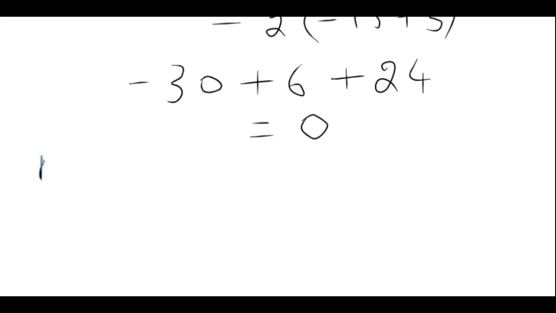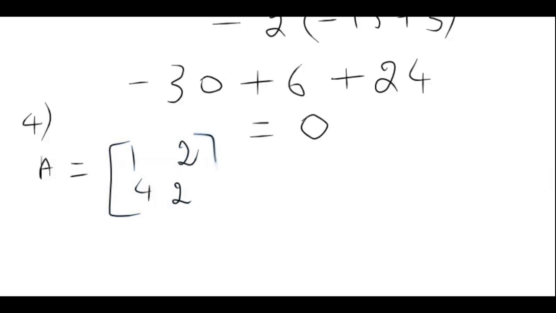So given A is equal to 1, 2, 4, 2, this is related to the fourth property. Therefore, when it is multiplied by 2, what is 2A now? 2A is nothing but 2, 4, 8, 4.